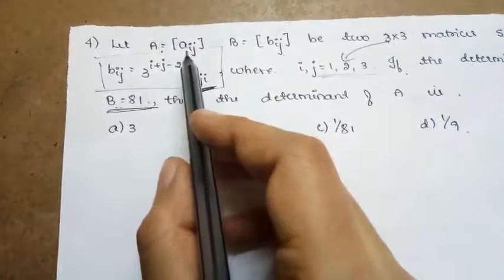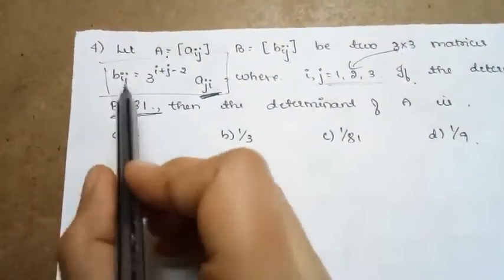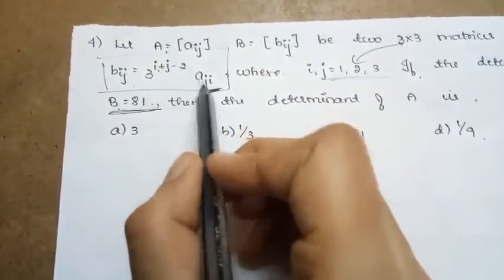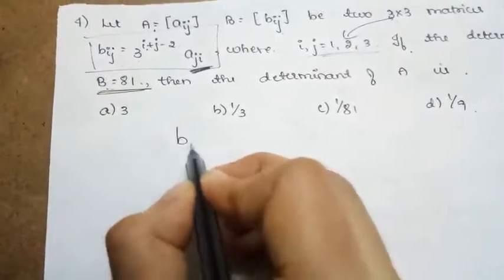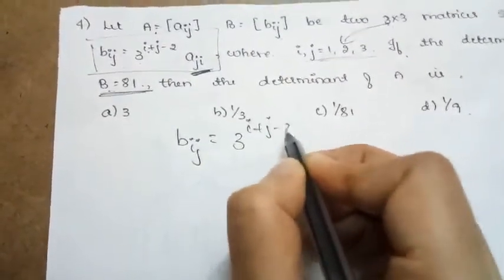They have given how the elements of B will be, that is Bij = 3^(i+j-2) Aji. I'll write it down. So the elements of matrix B are in this format.